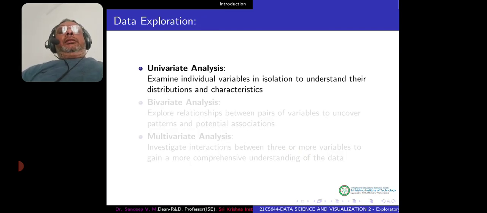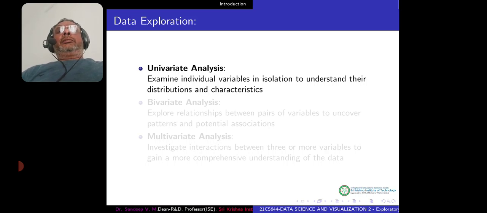Then what we have is exploring the data. When you are talking about data exploration, there are many ways we can do it. One way is univariate analysis, where from the given data, individual variables in isolation are analyzed to understand their distributions and characteristics.